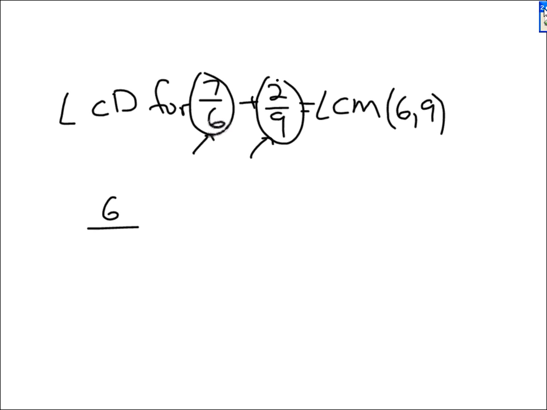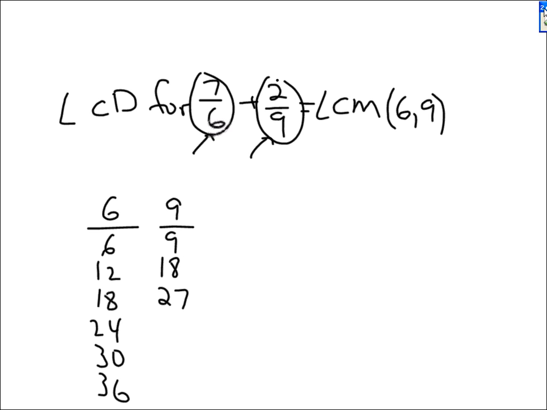You write down the beginning of the 6 times table, and the beginning of the 9 times table, 9 times 1, 9 times 2, 9 times 3, 9 times 4. 36 is on both lists, but 18 is also, and it's the smallest number on both lists. And that is our answer, 18.